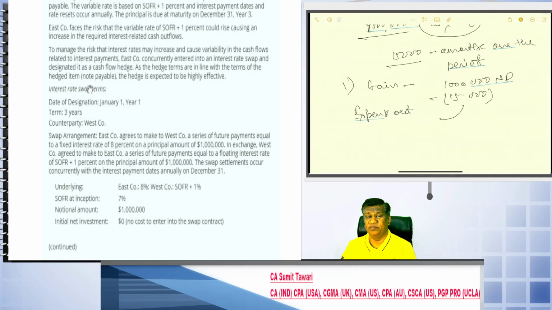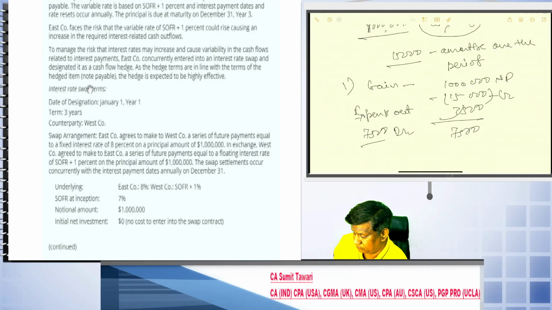For that we need to use the discounting factor. But if I consider the straight-line basis and the loan is for the next 2 years, then in the first year we need to remove 7,500, so the remaining is 7,500. It is a liability, so we recognize the gain, so it is a debit balance.